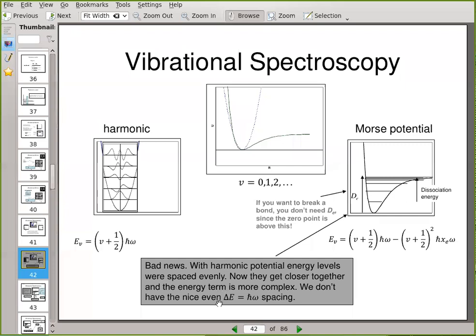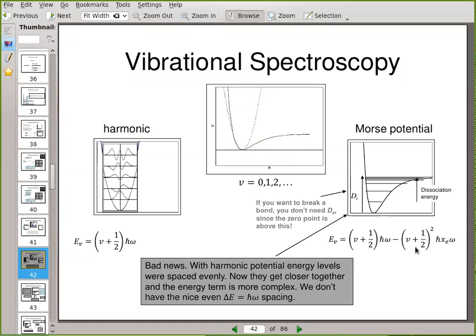We don't have a nice even spacing, even though we've got the energy levels. What we've got is the same term as before, but there's a term that is related to the anharmonicity of the system. This here becomes quite problematic.